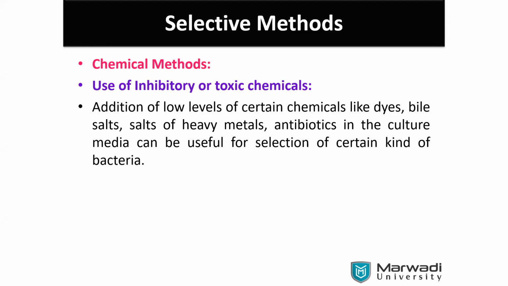So such a thing is possible. We are looking to isolate either tolerant, resistant, or sensitive organisms. When you add one particular kind of salt, the maximum population becomes sensitive and will not grow.